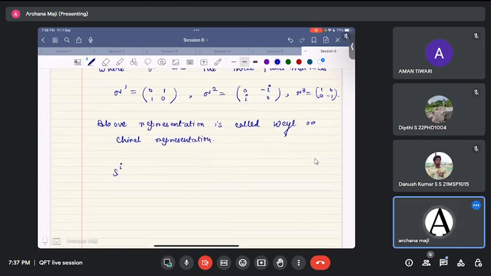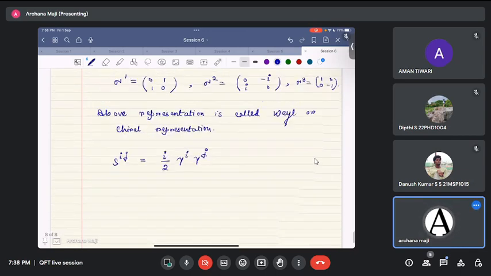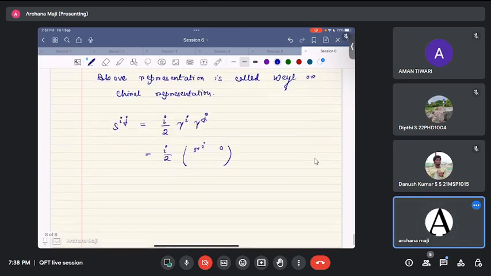Okay, now let's see what is S ij. S ij is i over 2, let's say i not equal to j, gamma i gamma j, and what is gamma i gamma j? It's i over 2, sigma i 0, sorry, 0 sigma i, minus sigma i 0, times 0 sigma j, minus sigma j 0.